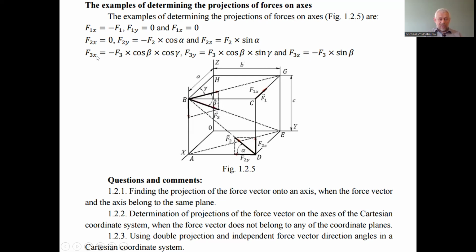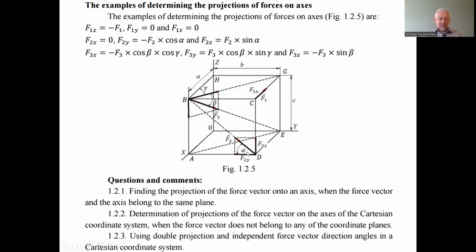So the projection of F2 on the x-axis is 0 because this force is in a plane perpendicular to the 0x axis. The projection of F2 on the axis 0y we can find as minus the magnitude of force F2 multiplied by cosine alpha.